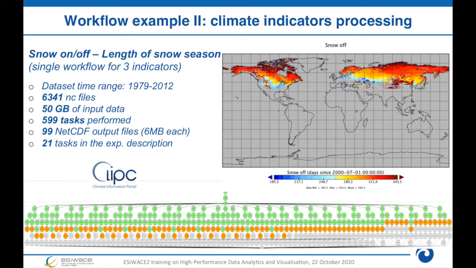And in this case, we use the ESA GlobSnow input dataset, which spans a period of around 30 years. And here we can see that in this case the workflow is much bigger. It comprises about 600 tasks, as we can see in the lower part of the slide.